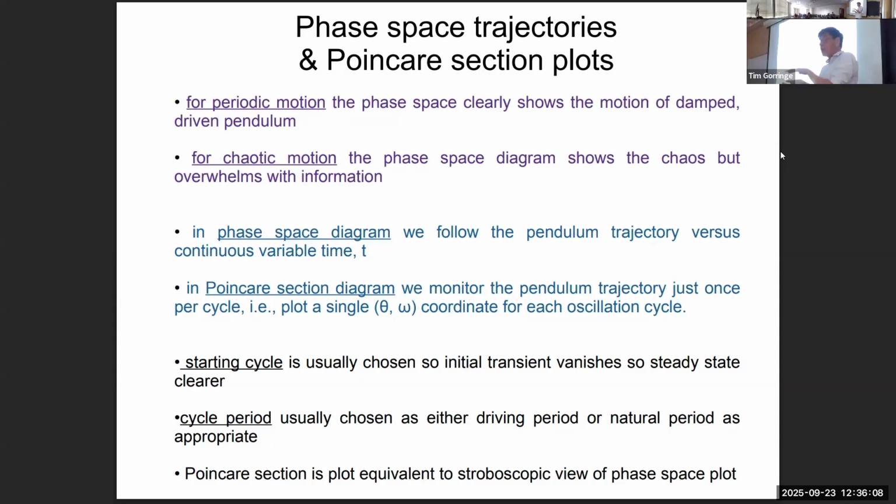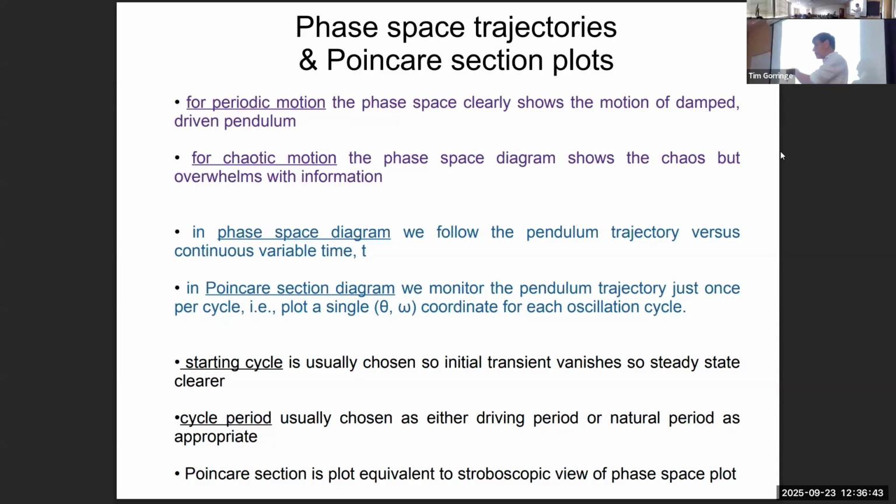The Poincare section plots are an alternate way of looking at that chaotic motion that helps bring a bit of order, a bit of understanding, to the chaotic trajectories. The key thing is that in the phase space plots, we're continually monitoring the angle and the angular velocity of the pendulum over all time, continuously as a function of time, and developing the path of the trajectory.